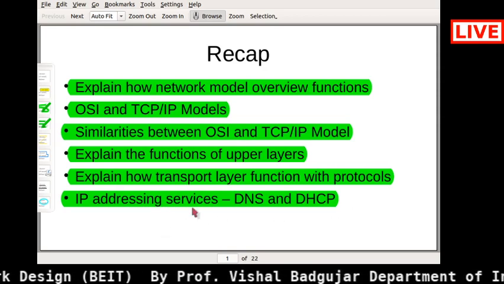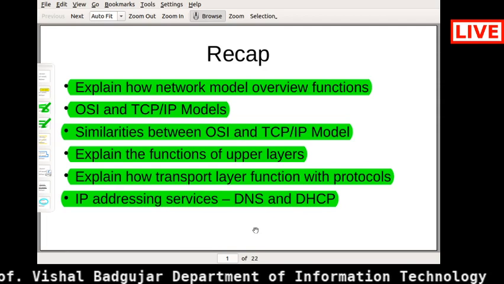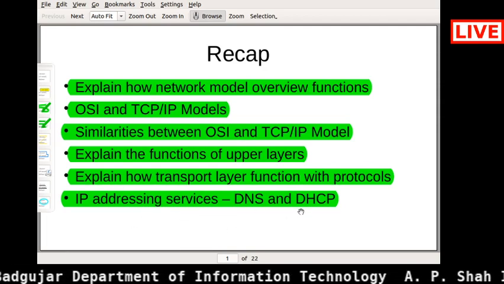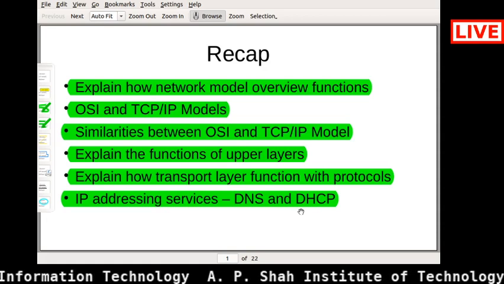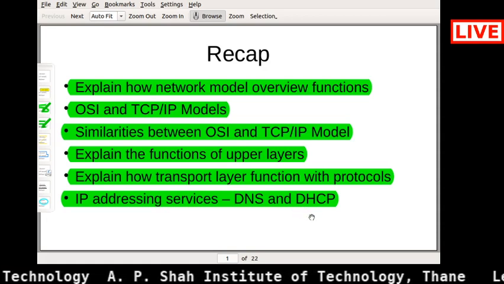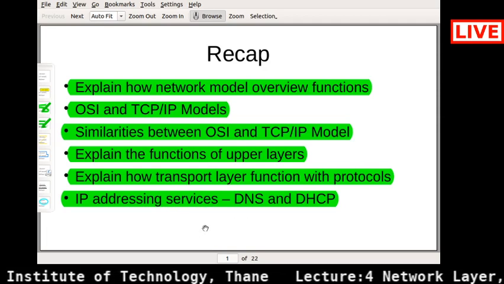With the domain name service and the dynamic host configuration protocol, the IP address can be assigned automatically to end devices with the help of DHCP and the DHCP pool services. All these concepts we studied in our last lecture.